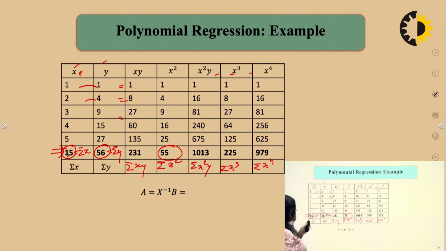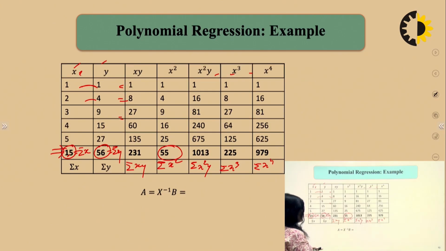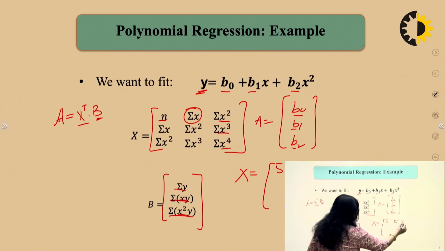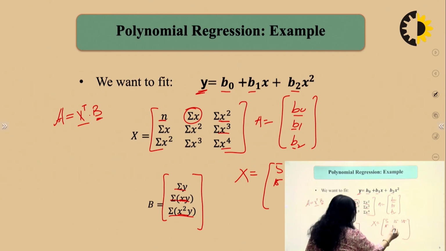You can see it is 15, and summation of y is 56. Now you put these values: this will be 15, and sum x square is 55, so you keep 55 like this, and these are repeated as 55.